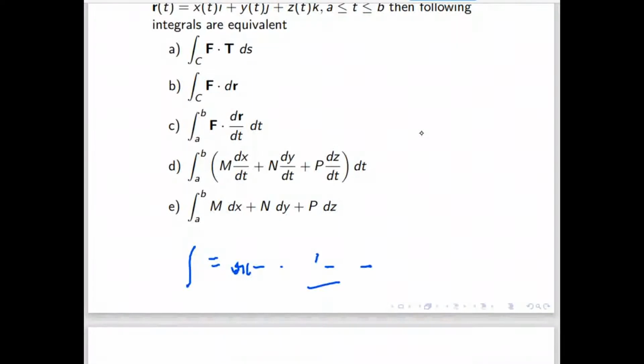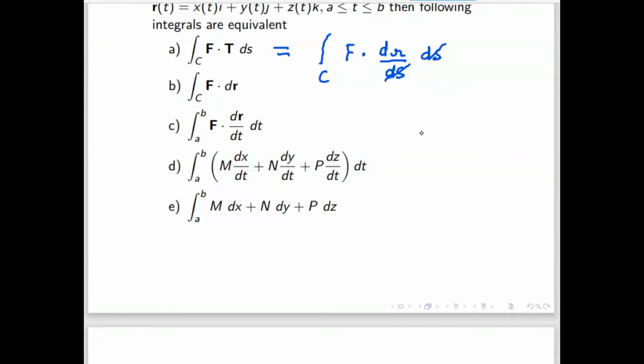So the first one, it is written f dot capital T ds, where capital T is the unit tangent vector. So what is the formula for unit tangent vector? This is equal to f dot, so what is capital T? Capital T is the unit tangent vector, and the formula for unit tangent vector in terms of arc length is dr by ds. So this is a vector, that means it is dr by ds, and this ds is already given, so it will cancel out.